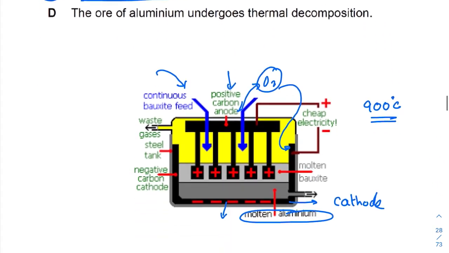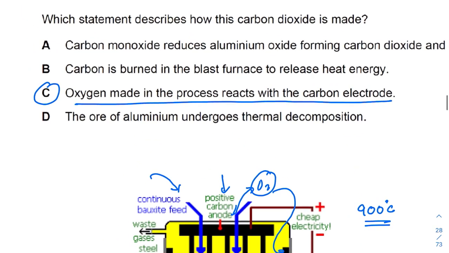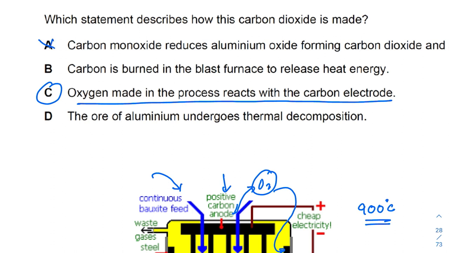Whereas if it is a metal oxide like ZnO, zinc oxide, or copper oxide, or PbO, or Fe2O3, then carbon can replace those metals and take away the oxygen from the metal oxides. But from aluminium oxide it is not possible because aluminium is more reactive than carbon in the reactivity series. So option A is wrong.